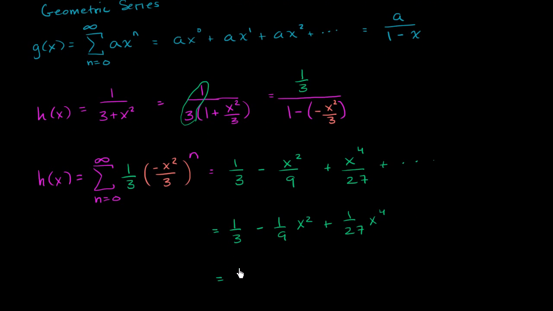I could say this is equal to 1/3 times x to the 0 plus 0 times x to the 1st power, minus 1/9 x squared, and then plus 0 times x to the 3rd power, and then plus 1/27 times x to the 4th power.